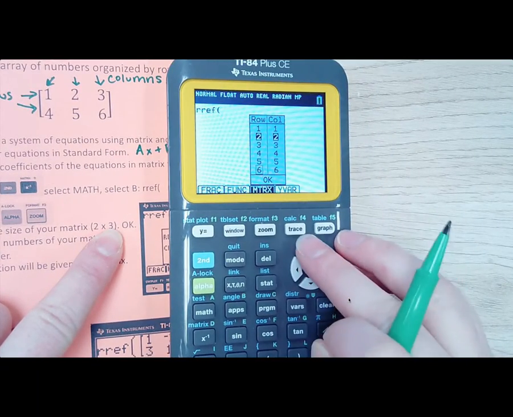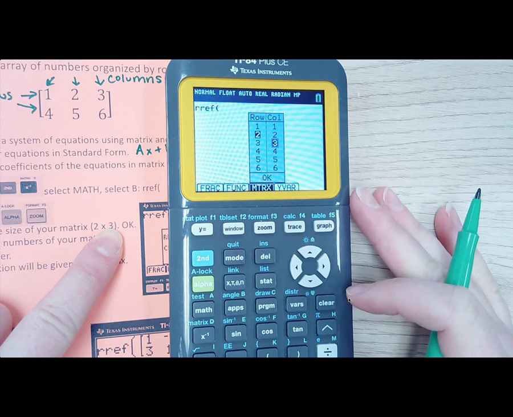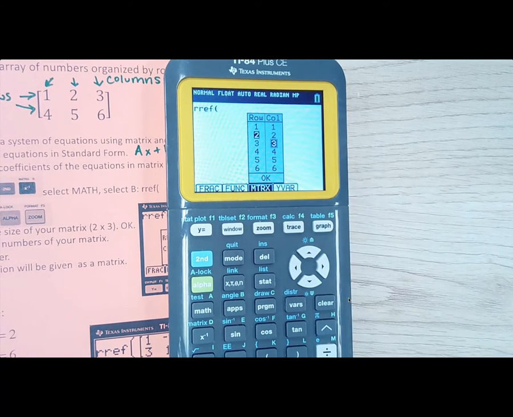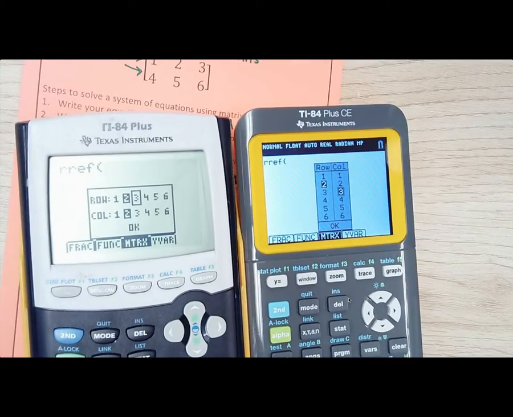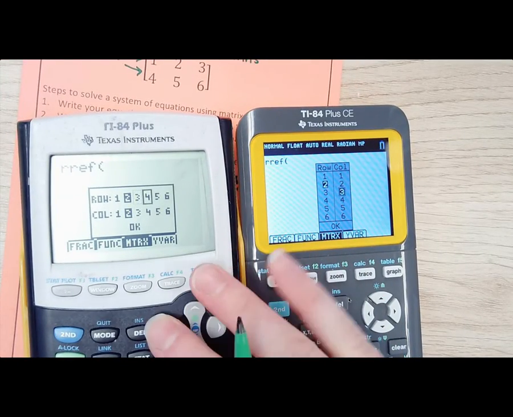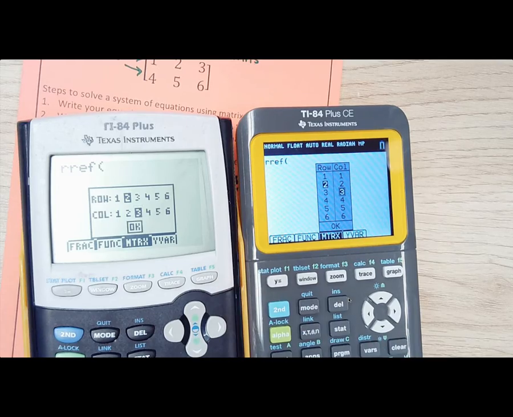Mine doesn't go like what? So you go 2 by 3. Mine's not doing it. I even talked to it. I whispered it. Just the 84s look like this. So you would just go over 2 and then down by 3 and hit OK.